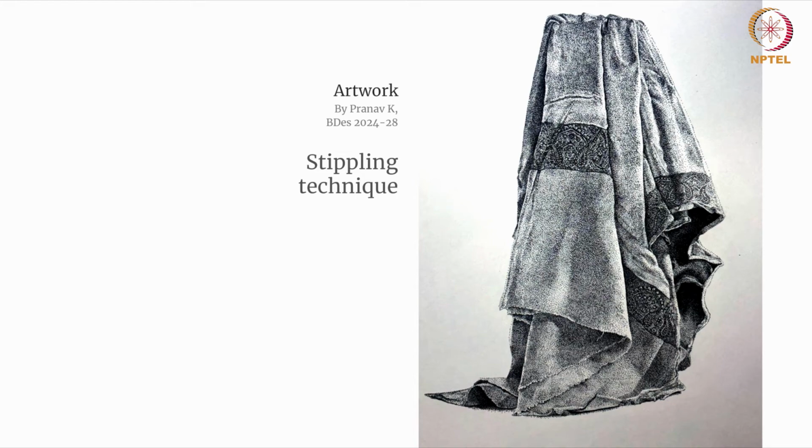You can also create a very smooth transition between light and dark areas using stippling, and by varying the concentration of dots, a designer can create a gradual gradient of tone, which helps in a realistic depiction of shadow and light.